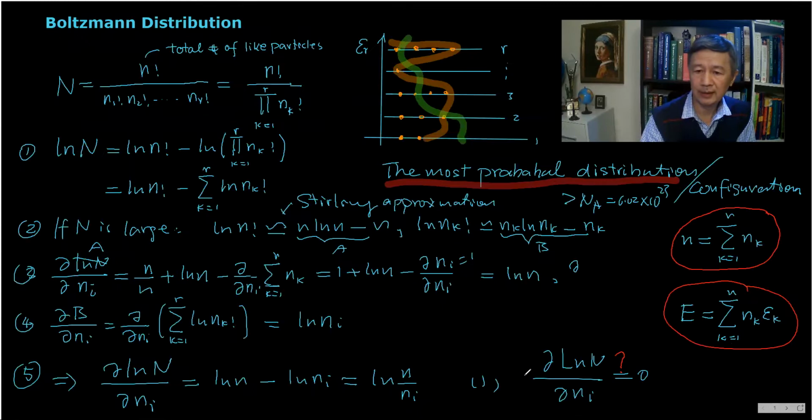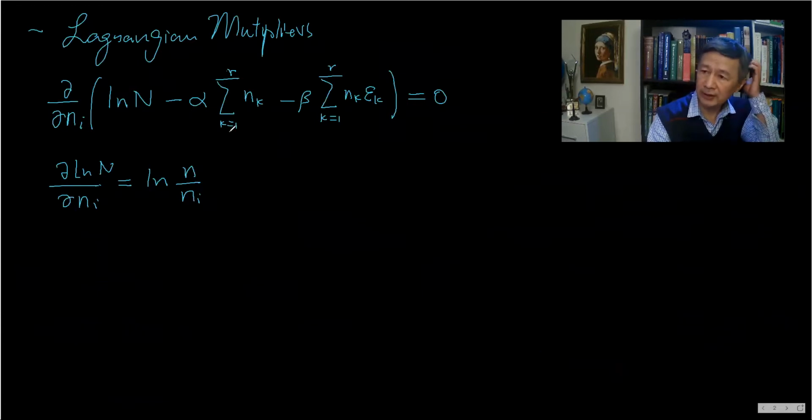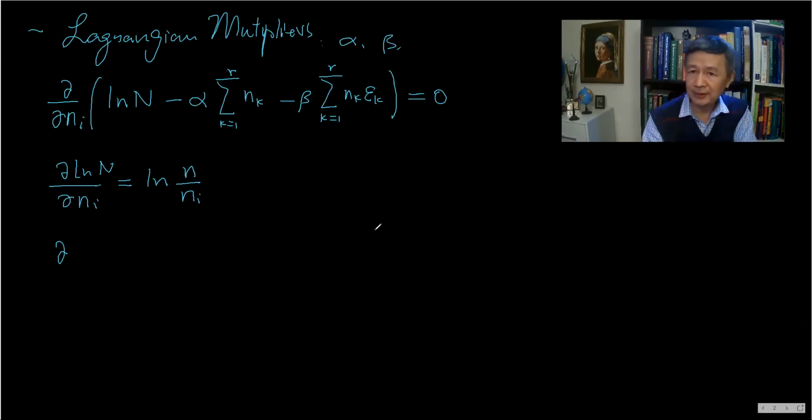We just found that. Now we only need to find out the first derivative of the next two terms. Alpha and beta can be considered as independent factors. By the way, in our case, alpha and beta are called Lagrangian multipliers.